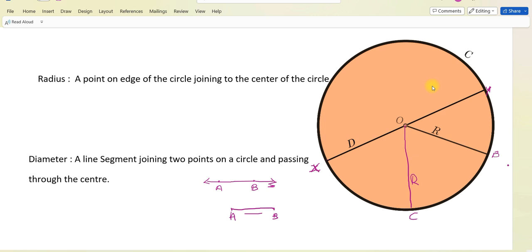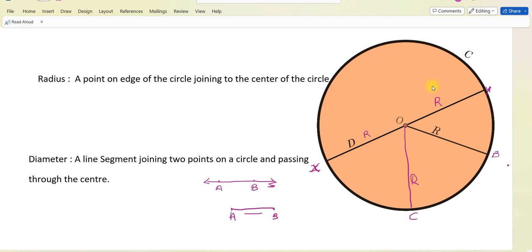Now if I consider only from this point to this point, that is O to Y, then this is a radius. And from O to X, this is again a radius. But if I continue joining from this point to this point, then it becomes a diameter.